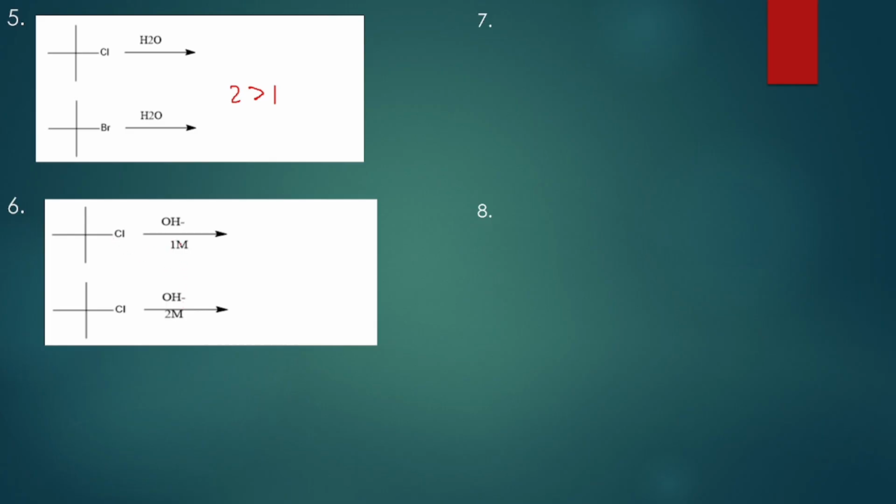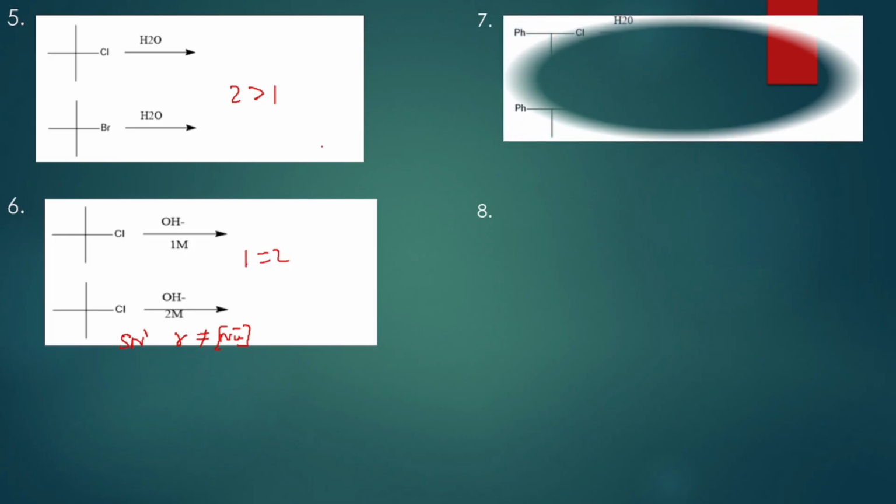Here you see, the rate of reaction is independent of the concentration of nucleophile. For SN1, we discussed already, the SN1 rate does not at all depend on the nucleophile concentration. So if it is 2 molar or 10 molar or 100 molar, whatever it may be, both are the same, right? 1 is equal to 2.